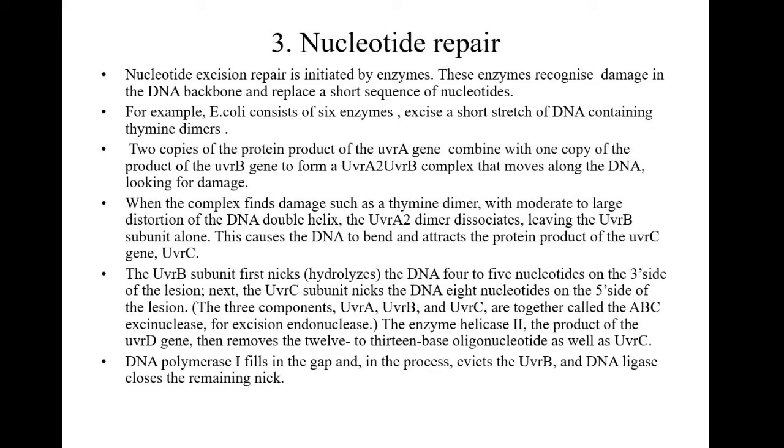Then the UVRC subunit nicks the DNA 8 nucleotides at the 5' site of the lesion. The enzyme helicase 2, which is a product of the UVRD gene, removes the 12 to 13 base oligonucleotide and UVRC also. Then the DNA polymerase fills the gap and UVRB, and DNA ligase closes the remaining nicks.